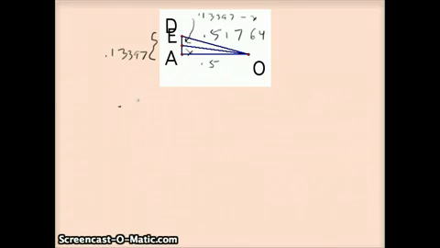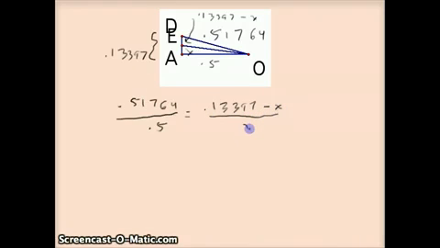The angle bisector theorem says that I can set up this proportion to solve for x. OD over AO, that's 0.51764 over 0.5, equals ED over EA. Well, ED is 0.13397 minus x, and AE is what I'm trying to calculate, which is x.